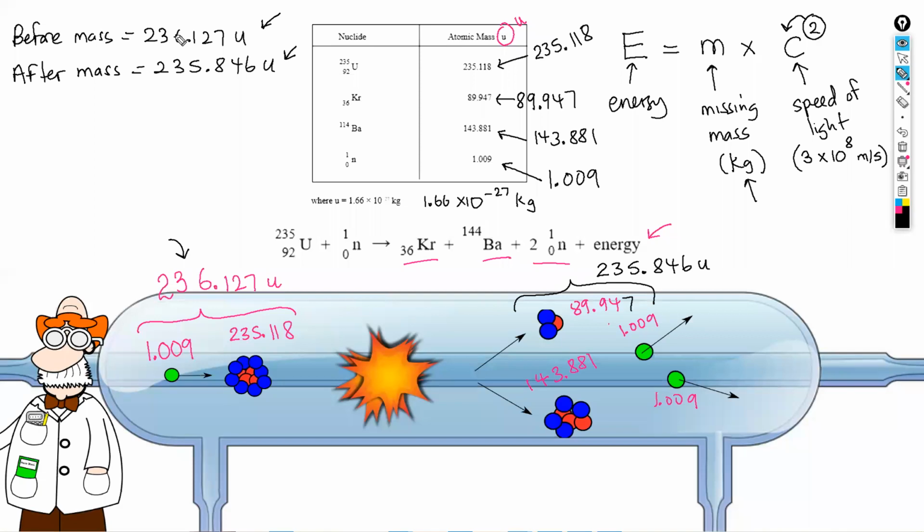It was 236, and afterwards we had 235. So it seems like everything got lighter, which means some mass went missing. Do you all think you could calculate the missing mass in terms of atomic mass? What do you think you have to do with the 2 values?